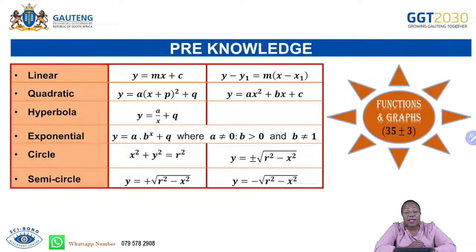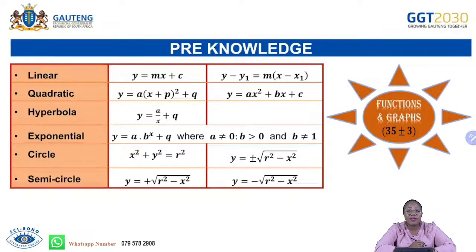Now these are the prescribed graphs for you, grade 12. Before we go there, when you look at the topic functions and graphs, out of your 150 marks of paper 1, functions and graphs weigh 35 plus minus 3.